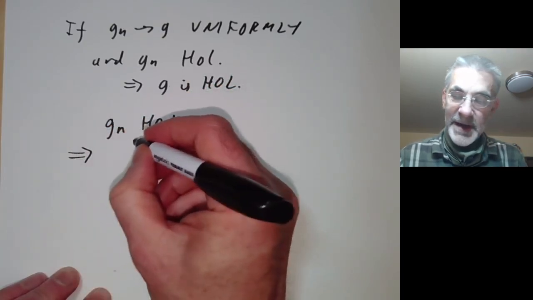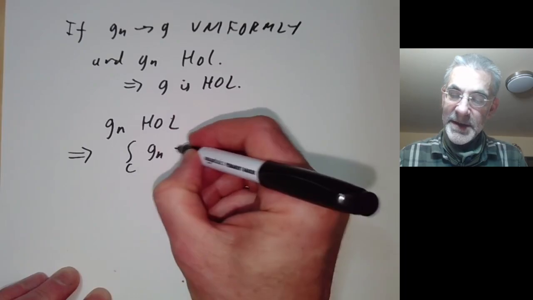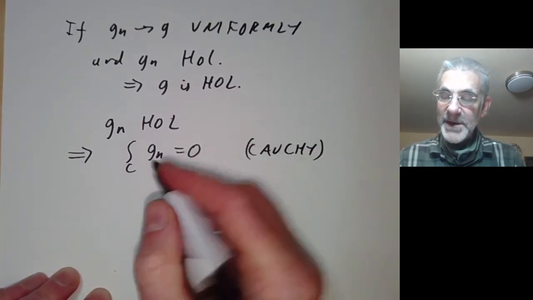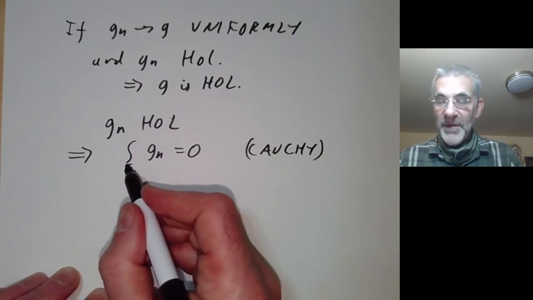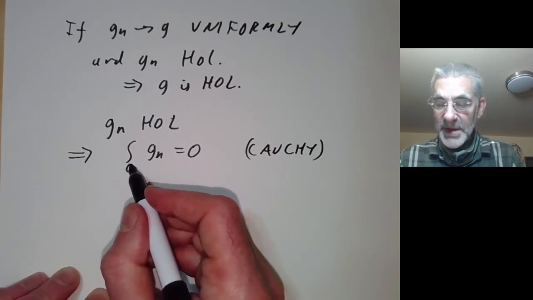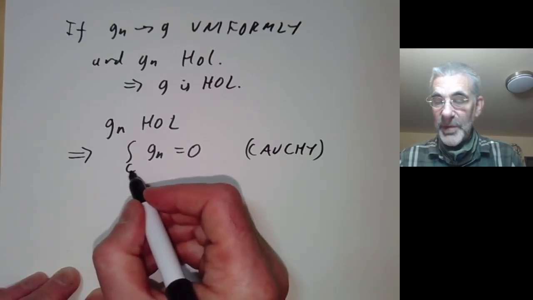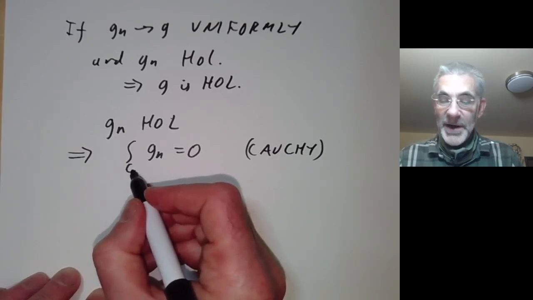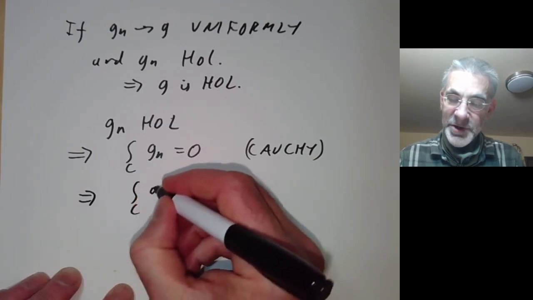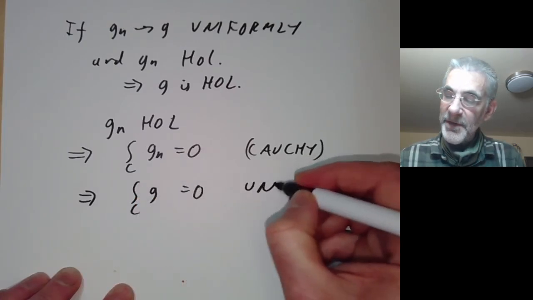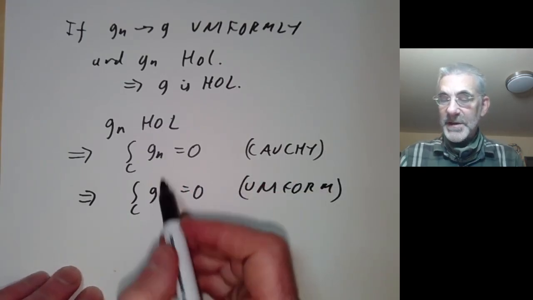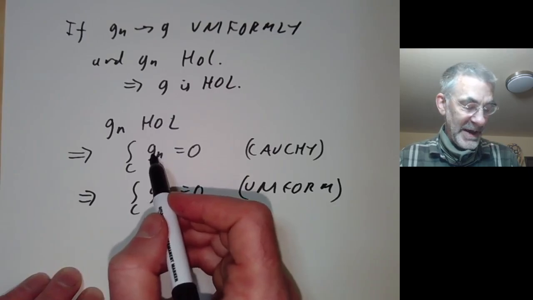This implies the integral over C of Gn is equal to 0 by Cauchy's theorem. Here, C is going to be any finite loop bounding a region where G is holomorphic. This in turn implies the integral over C of G is equal to 0 by uniform convergence, because the integral of G is going to be the limit of the integral of Gn's.